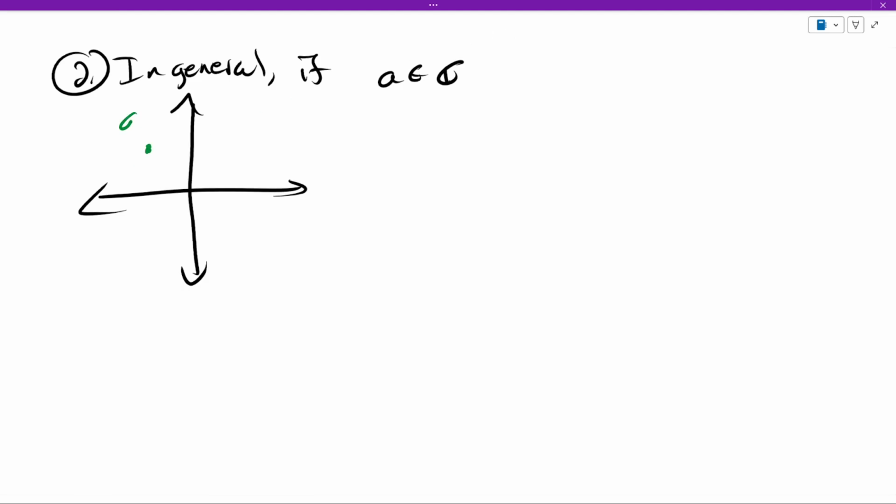Let's say it's over here. If we were to draw the ray here, it has some length r, and this makes some angle theta with the positive real axis.